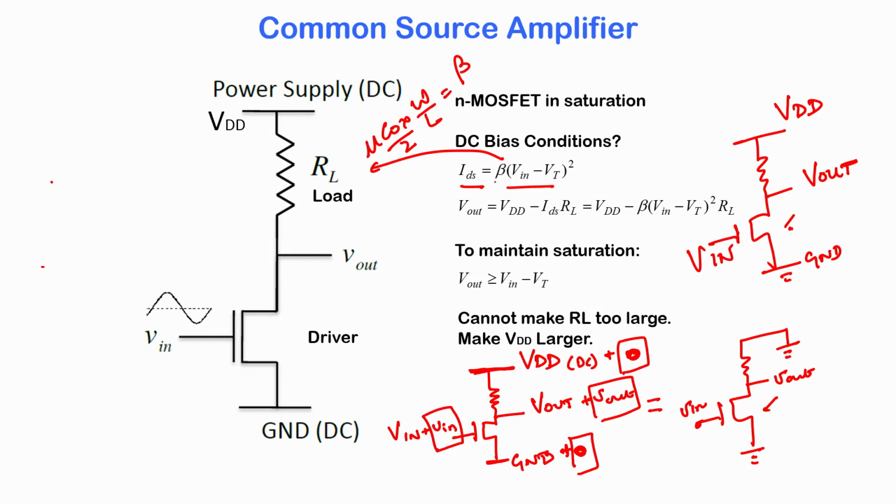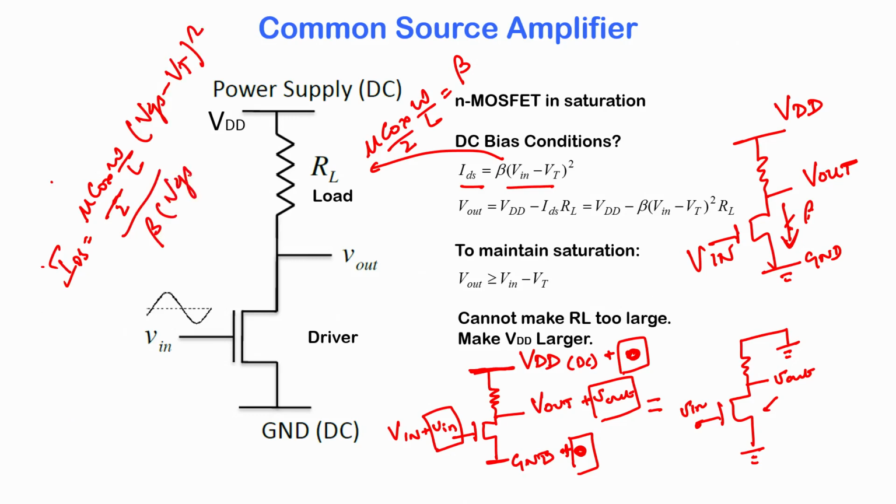We want the current through this transistor in saturation, which is mu Cox W over L by 2 into VGS minus VT the whole square, which we are writing as beta into VGS minus VT the whole square, and we want that to be beta into V in minus VT the whole square. So, that is your VGS.